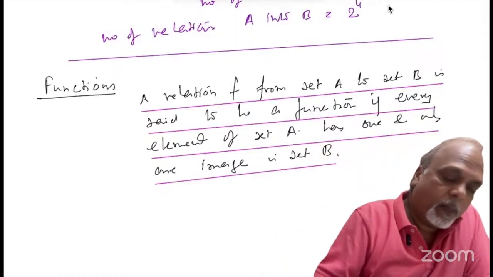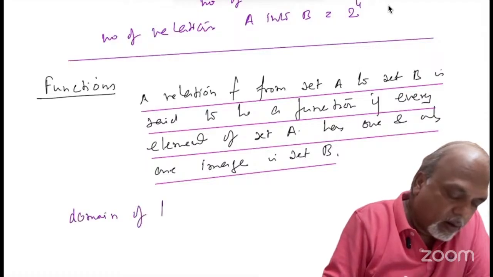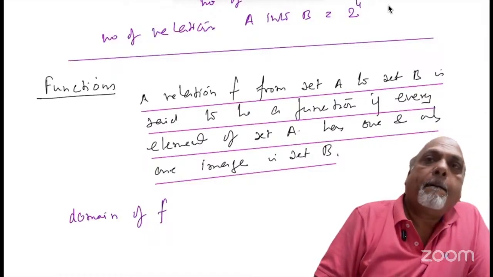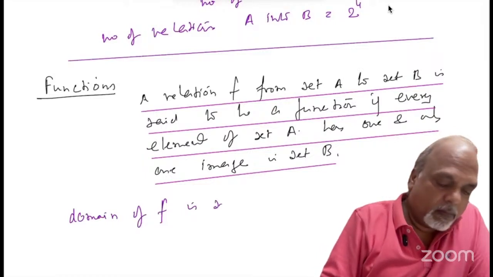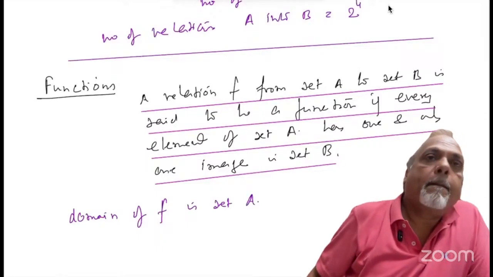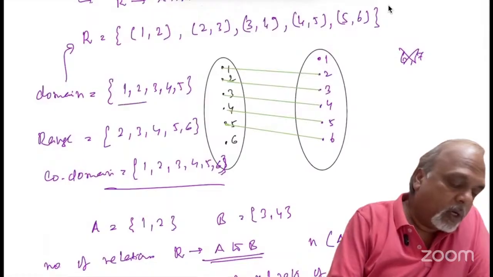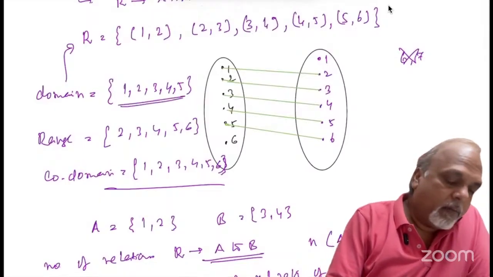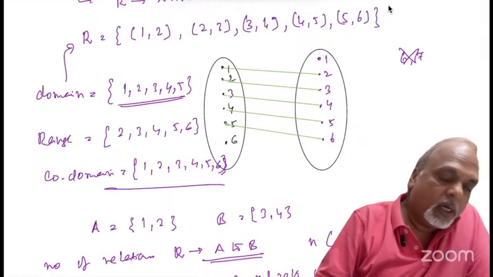So, first of all, if you see, the domain of f is set A. Here, the domain is from the set A, we have six remaining, which has got no image in the codomain.